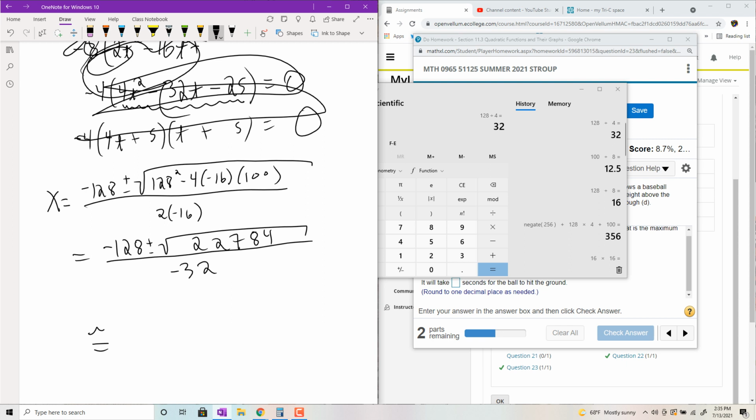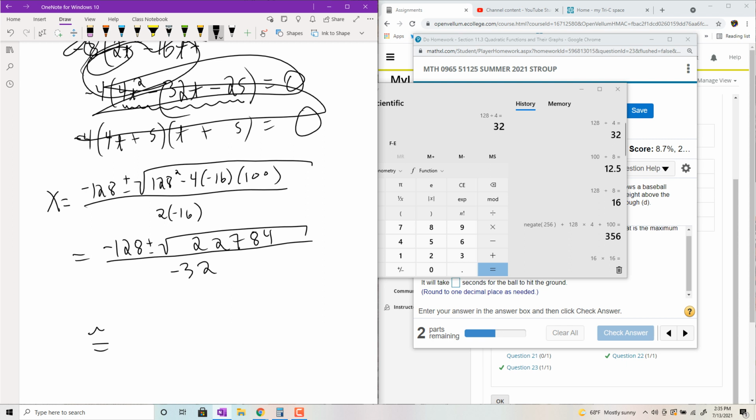Negative 128 plus this answer divided by negative 32. So one of them is negative. I can throw that one out. It's not going to be a negative answer.